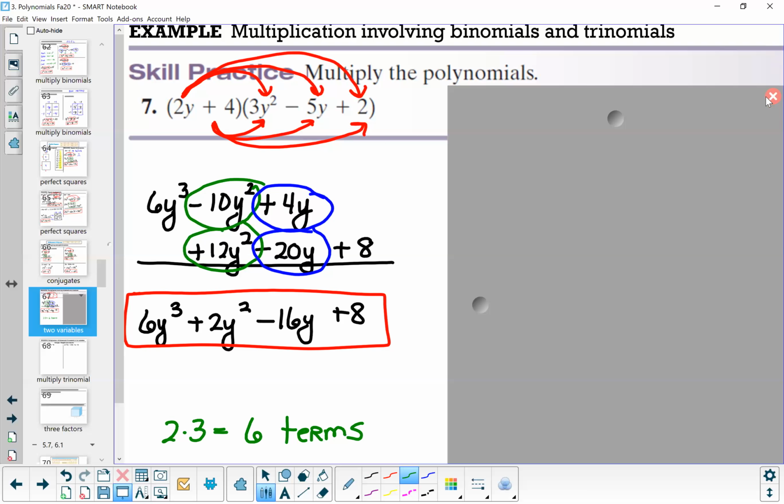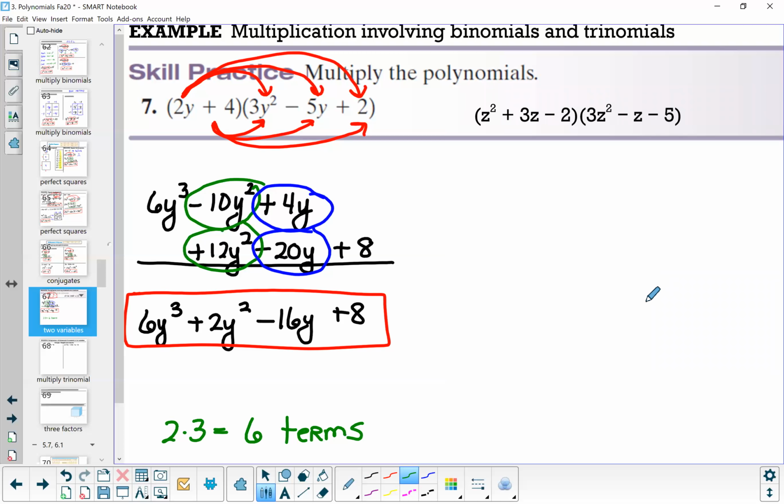All right, so here we have another one. We have parentheses z squared plus 3z minus 2, close parentheses, times parentheses 3z squared minus z minus 5, close parentheses.